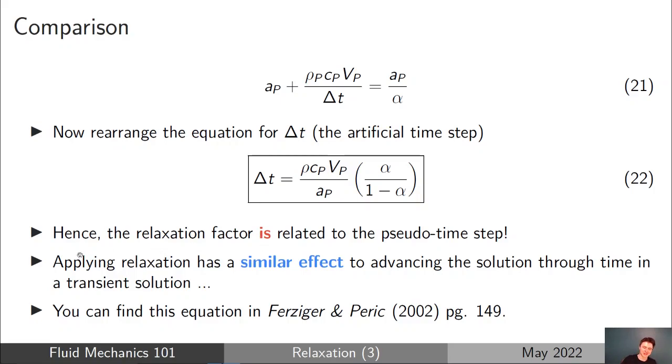So that tells us the very important result that applying relaxation, so when you change that relaxation factor in the GUI of your CFD code, has a similar effect to advancing the solution through time with a transient solver. So steady state and transient solvers are actually linked, and I'm going to go into more detail about that specifically and the implications it has, because I imagine that at first glance this could be quite confusing, as I thought steady states and transients were very different.